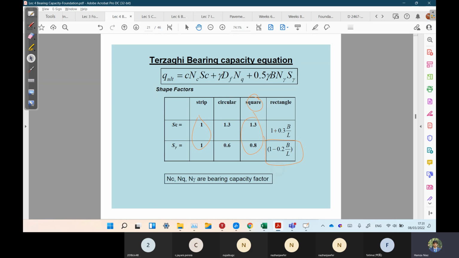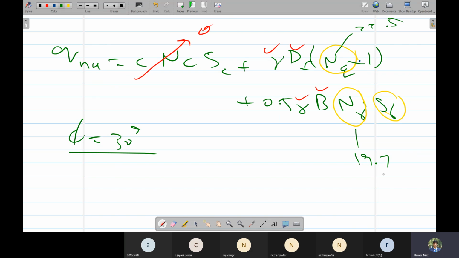But now we use this expression for S gamma. Simply plug in the values: B is 10, L is 20, so 1 minus 0.2 times 0.5, which is 0.9. Simply put in the values and calculate the net ultimate bearing capacity.